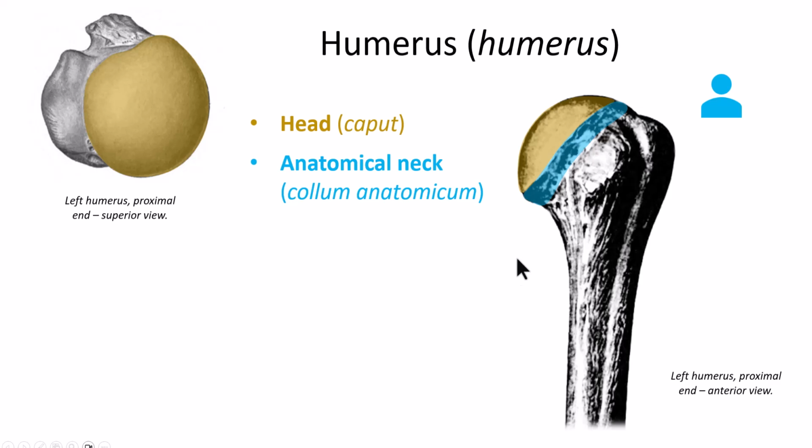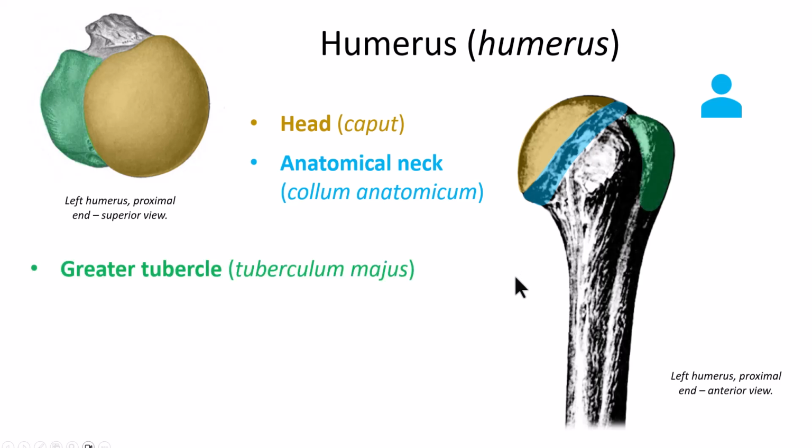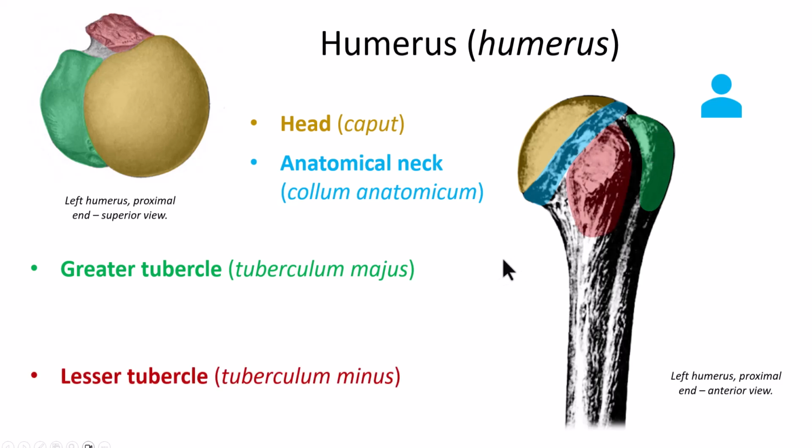The next structures are the greater tubercle, tuberculum majus, which is lateral in green, and the lesser tubercle, tuberculum minus, which is medial, in maroon.